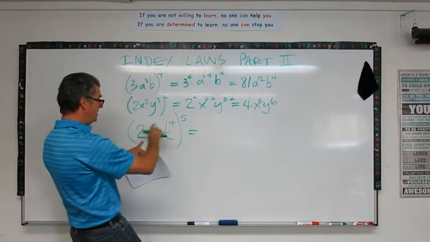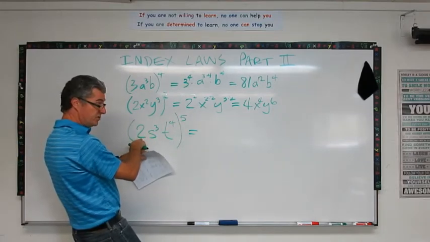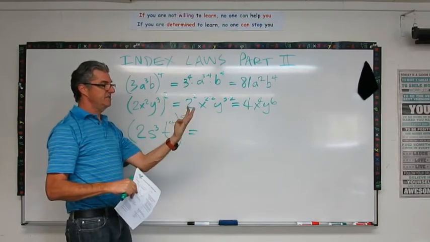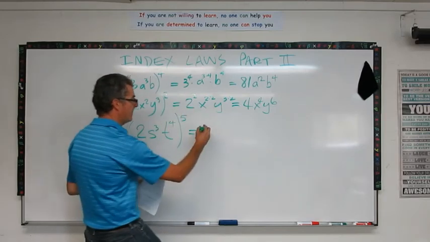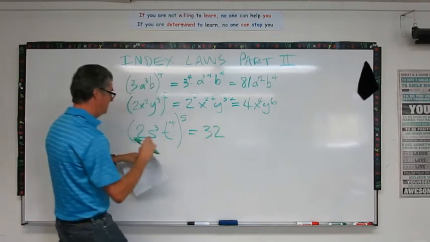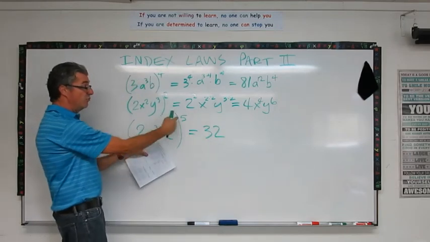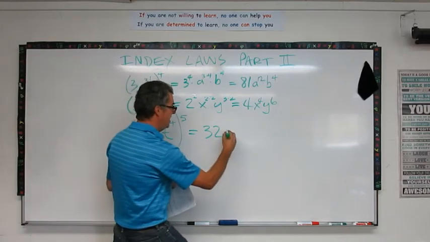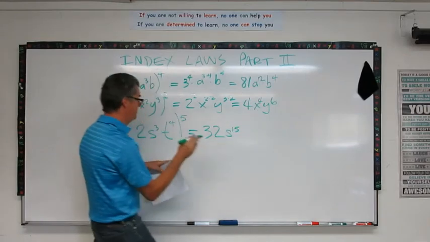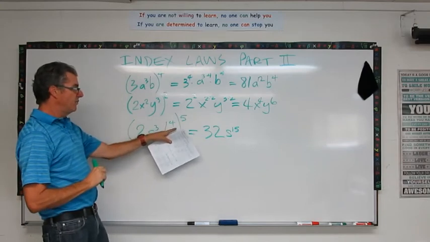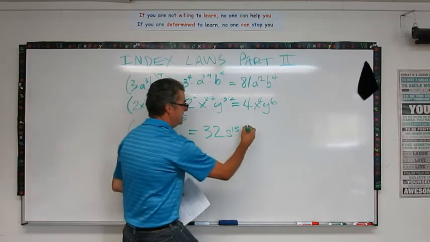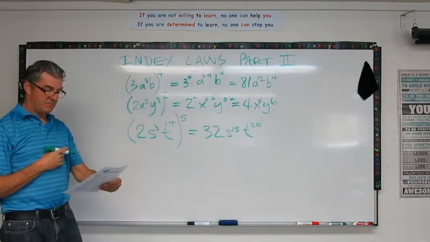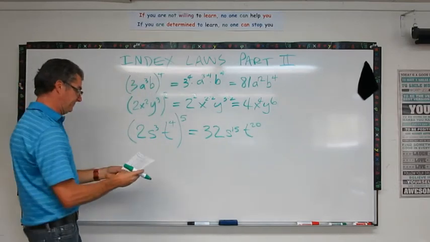The 2 to the 5th, that's 2 times 2 is 4, 8, 16, 32. s to the 3rd raised to the 5th, I'm going to multiply these two powers. So that's going to be s to the 15. t to the 4th raised to the 5th is t to the 20. Okay? Let's do another one.